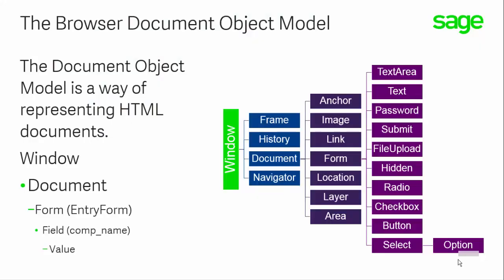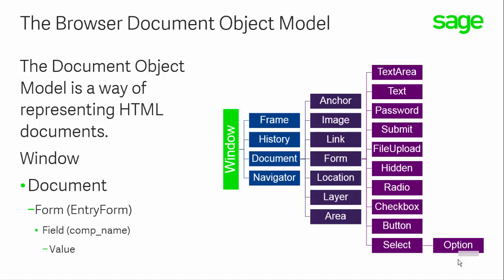So the document object model is part of the programming API for any HTML documents within the browser. And it's based on an object structure that closely resembles the structure of the documents it describes. Now, HTML is a subset of XML.